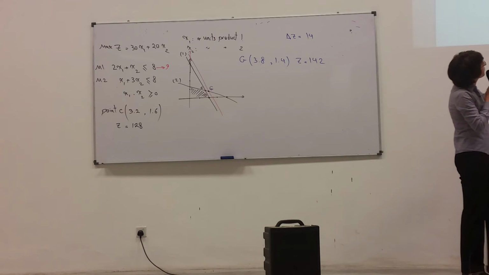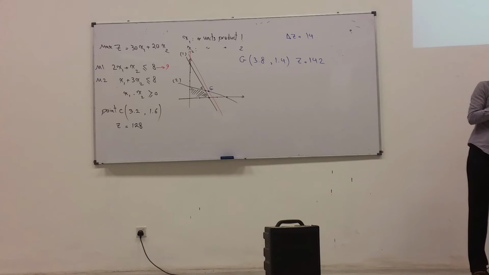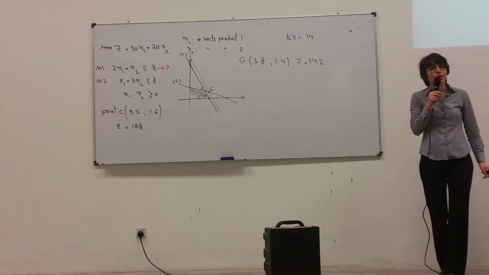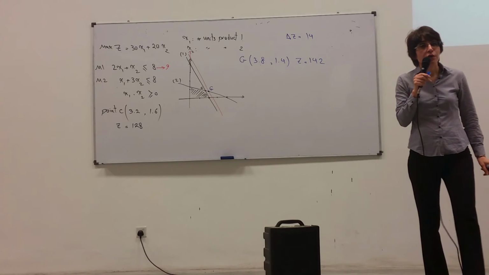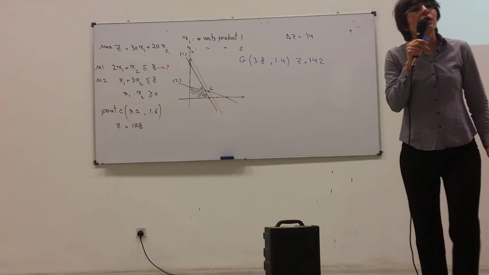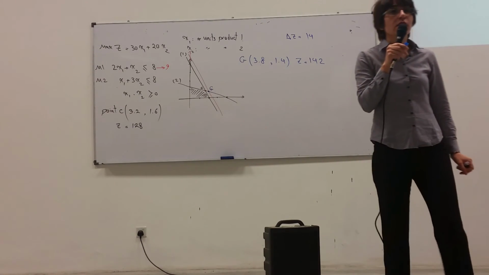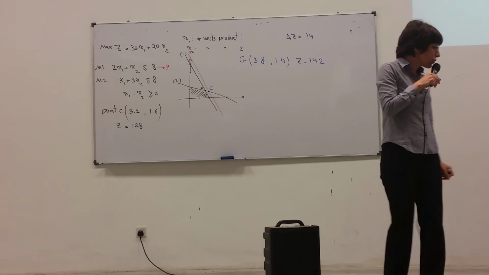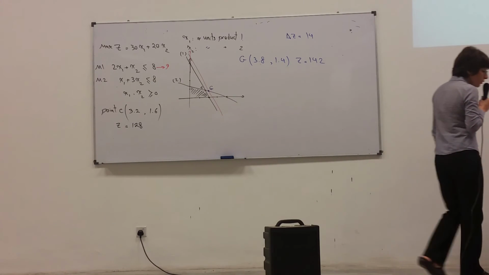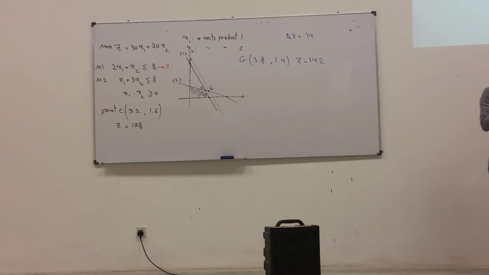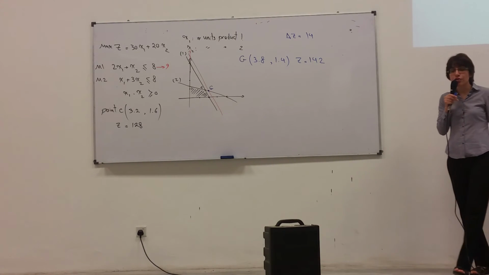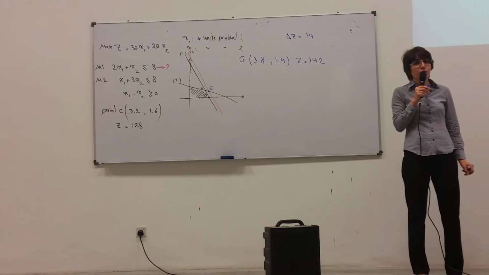We use this formula: the rate of change of the optimal solution. When we change the right hand side of the constraint, we use this formula to find the rate of change of the optimal solution.